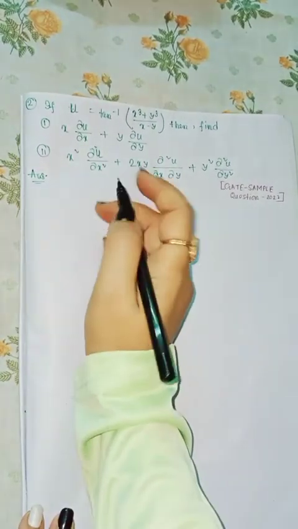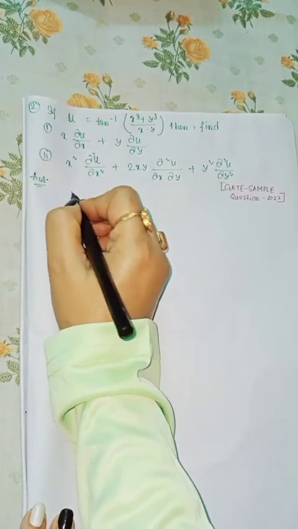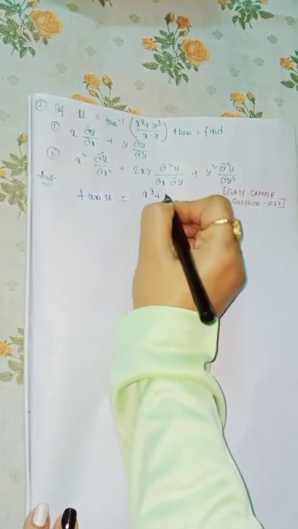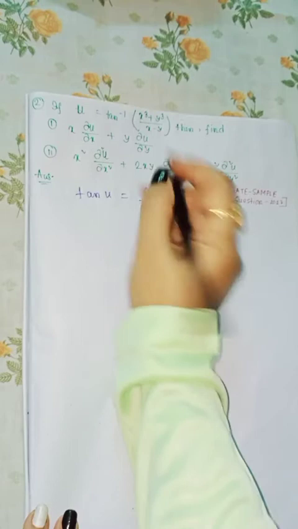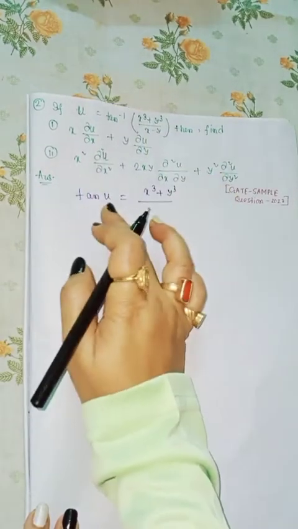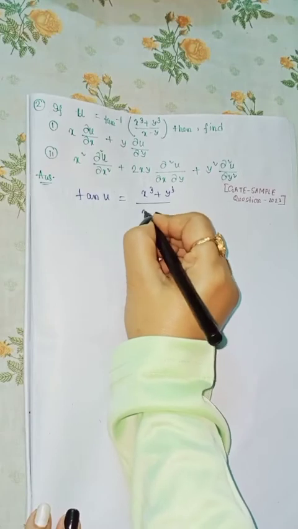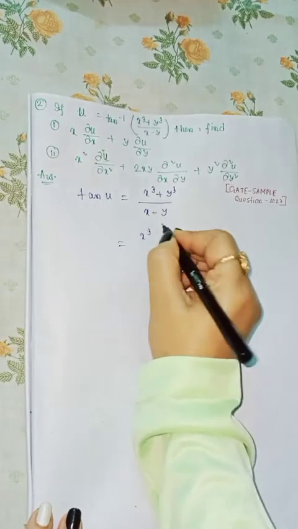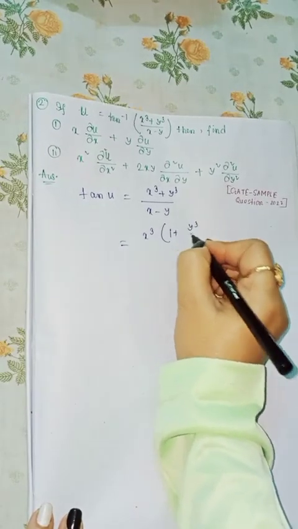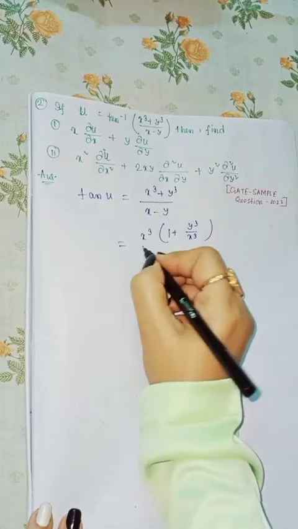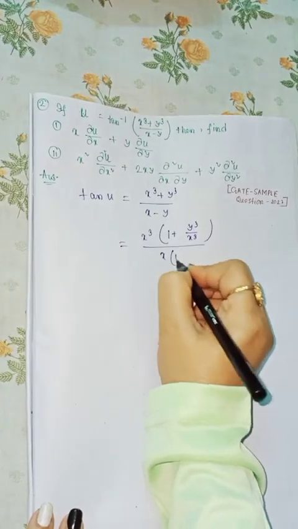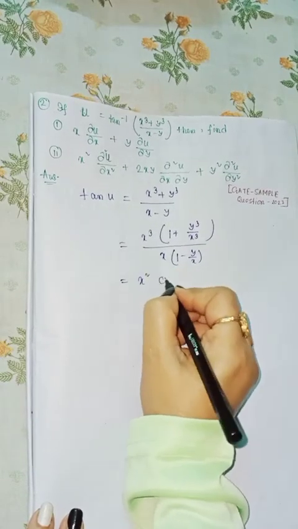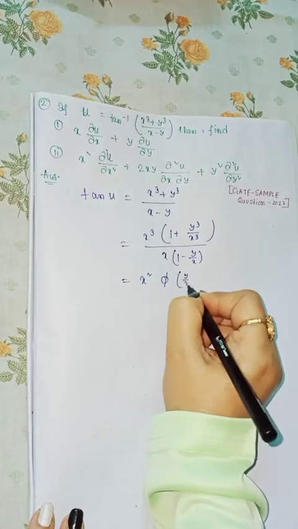So now here, as u is equal to tan inverse of this, we may write tan u is equal to (x cube plus y cube) by (x minus y). Okay, so now x cube into (1 plus y cube by x cube) by x into (1 minus y by x). So that is equal to x square phi of y by x.